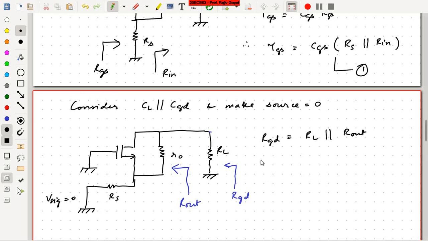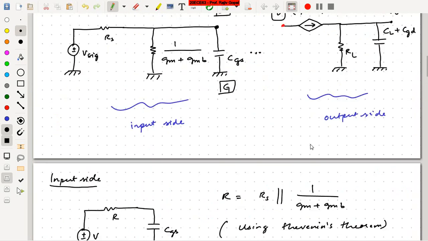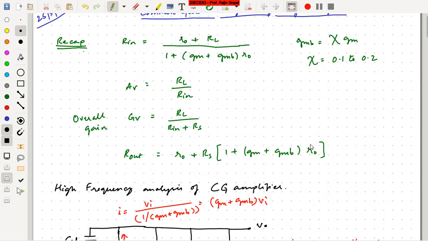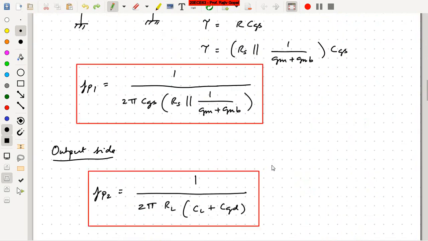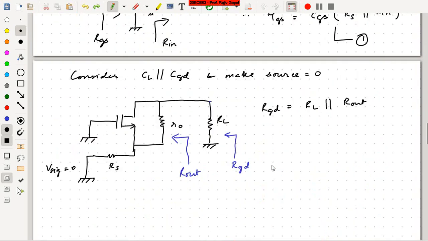Then in these equations, where does R0 come into the picture? Of course, R0 will come into the picture, because if you look at the R out and R in formulas, you can observe you have R0 there. We are simply considering R out and R in, and R out and R in are made up of R0.